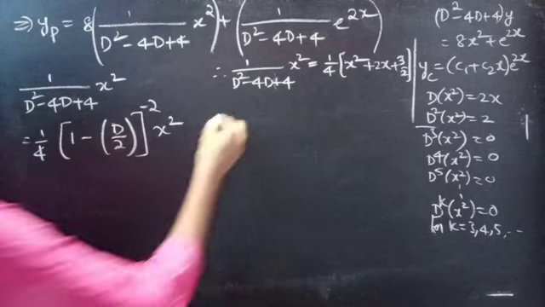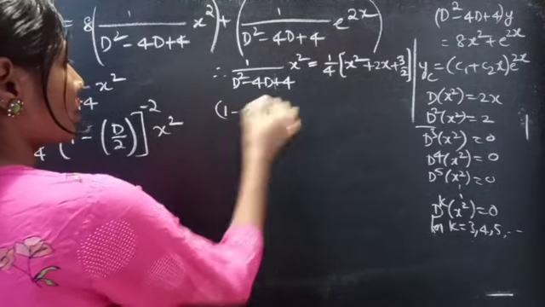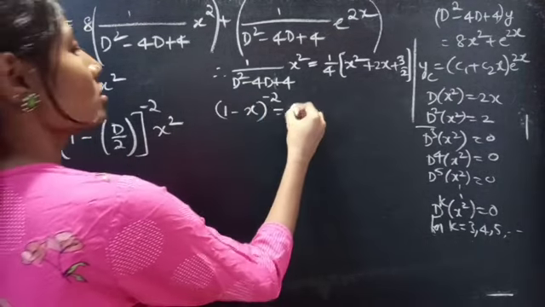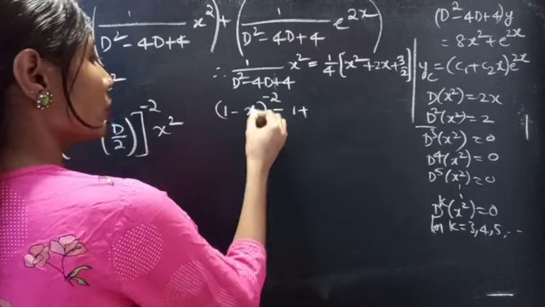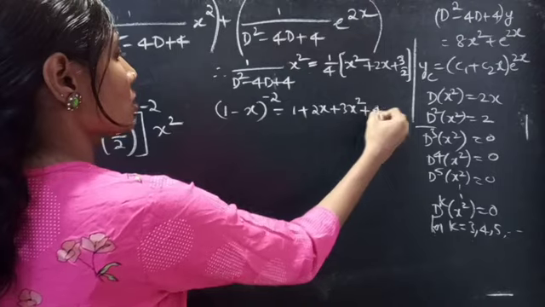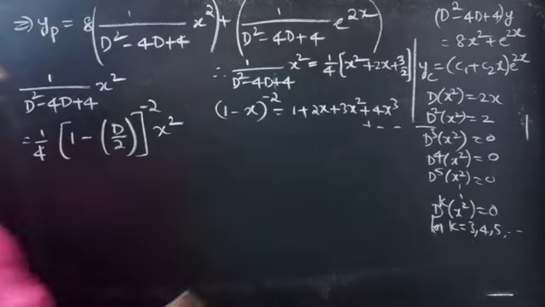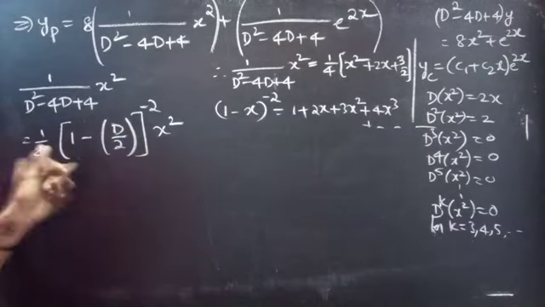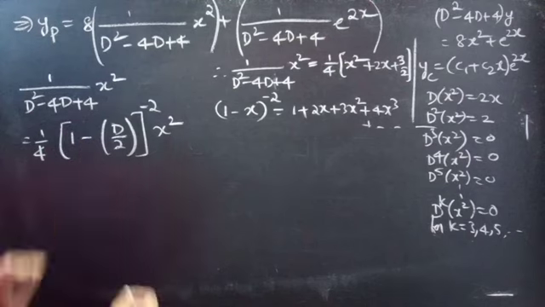We know that 1 minus x whole power minus 2 expansion is 1 plus 2x plus 3x square plus 4x cube plus so on, right? Now let's expand 1 plus d by 2 whole power minus 2.